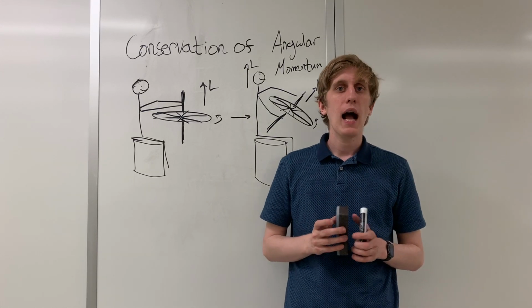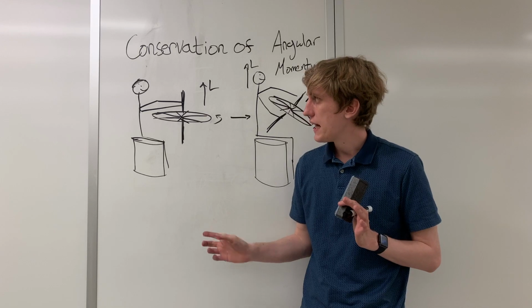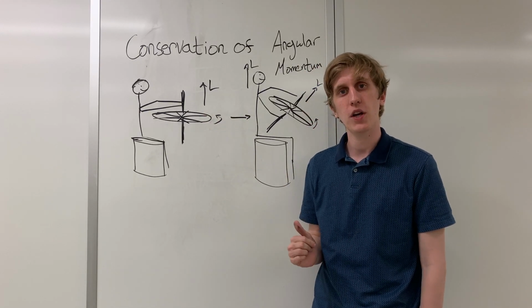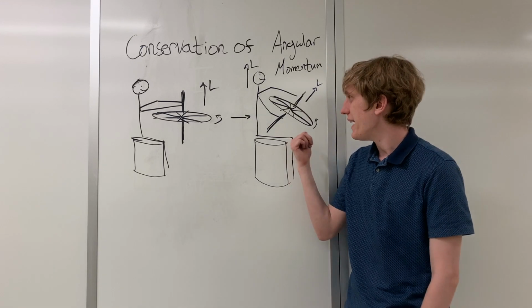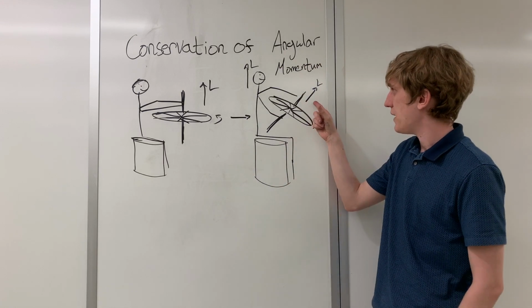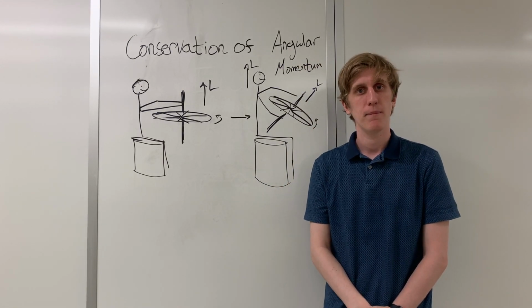But before we do that, I want to point out a subtlety here. Notice that initially there is no component of the angular momentum pointing in the horizontal direction. But here, there is a component of the angular momentum pointing in the horizontal direction. It's a component of the wheel's angular momentum.